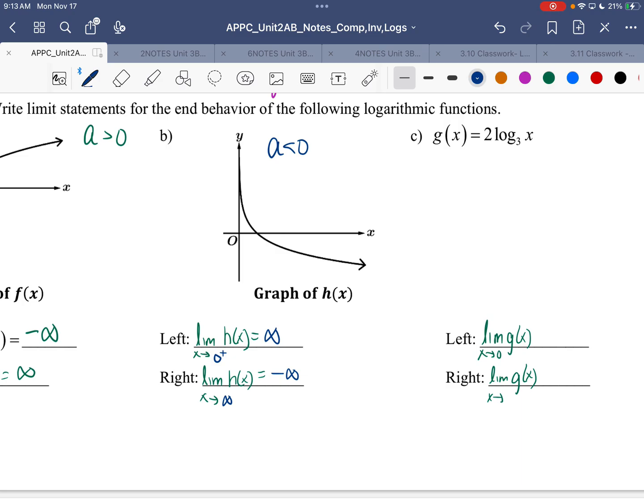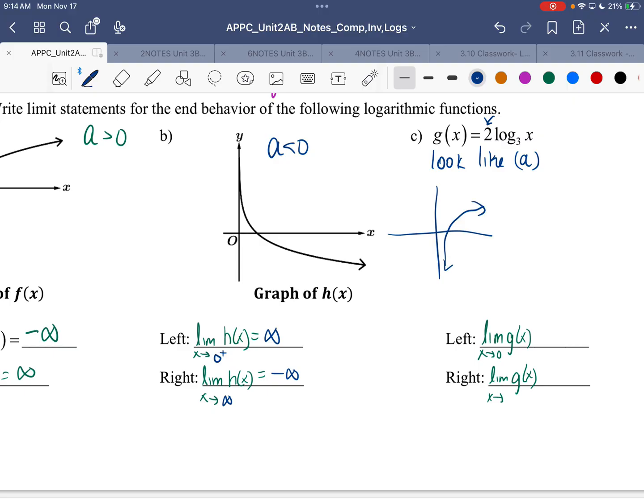I would strongly encourage you, as you're trying to get better at recognizing these, to sketch a little graph. So A is positive. Which one, A or B, does this graph look like? A. So it looks like A. You can graph it that way too.